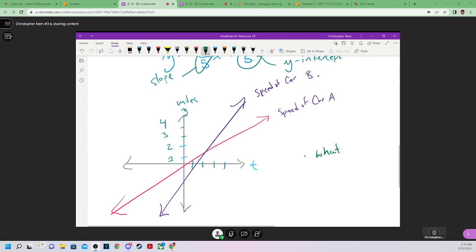Which car is faster after, let's just say 1, 2, 3, 4, these are minutes, after 2 minutes? Which car is faster after 2 minutes?